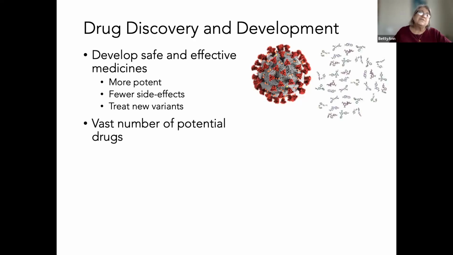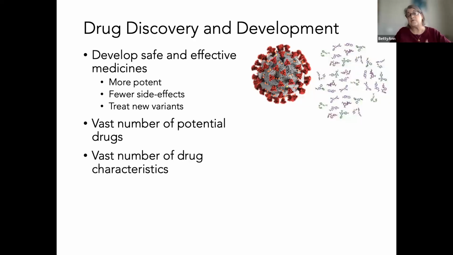So there's a vast number of potential drugs that someone could try to develop for various viruses or infectious diseases. And there's a vast number of drug characteristics that make a drug a quote unquote good drug to market. Some of those characteristics may be things like, how potent is it? How quickly does it metabolize in the body? What kind of shelf life does it have?